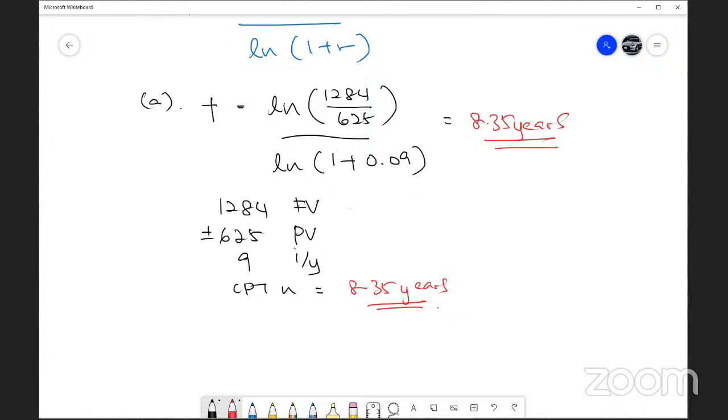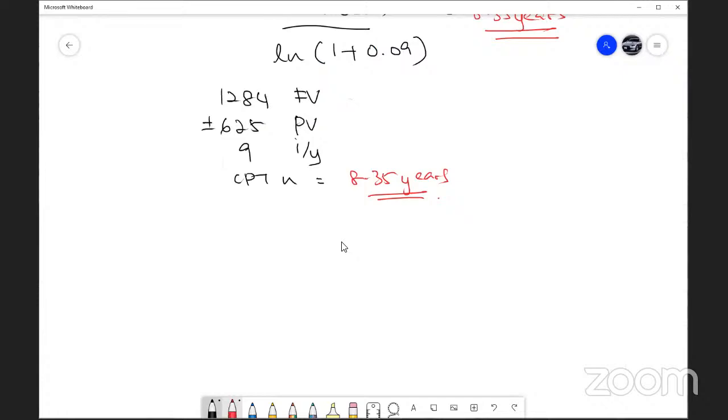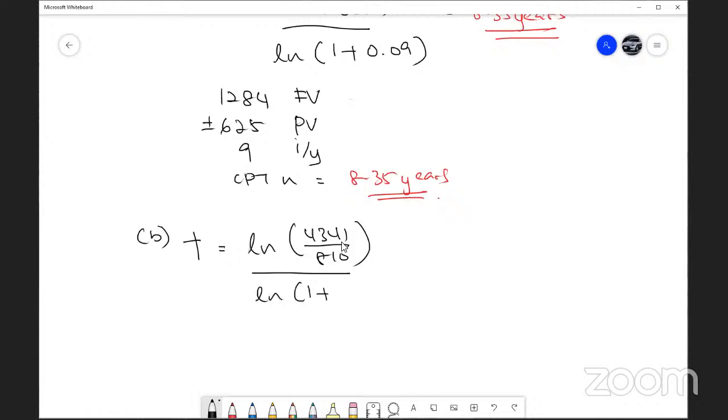Repeat the calculation for the rest of the 3 questions. T equals ln of 4341 divided by 810, divided by ln of 1 plus 0.11.